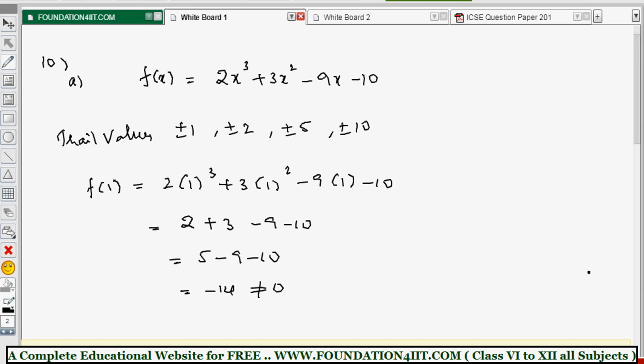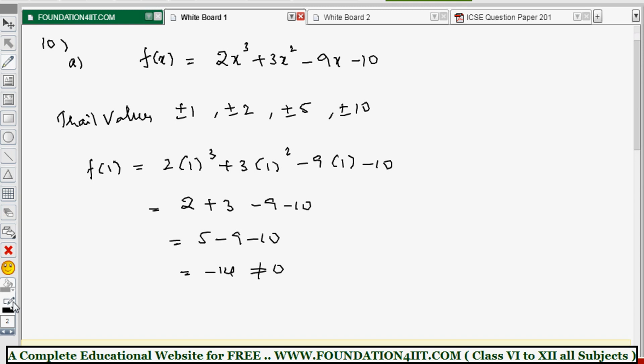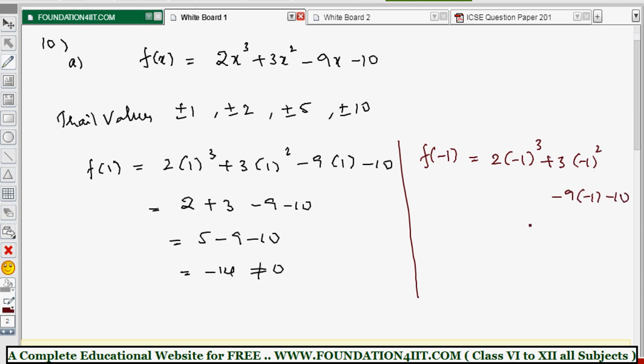Then let us take minus 1. So checking f of negative 1: 2 into minus 1 cube plus 3 into minus 1 square minus 9 into minus 1 minus 10. Minus 1 whole cube is negative 1, so minus 2, and this is plus 3 because minus 1 square is 1, and plus 9 minus 10.